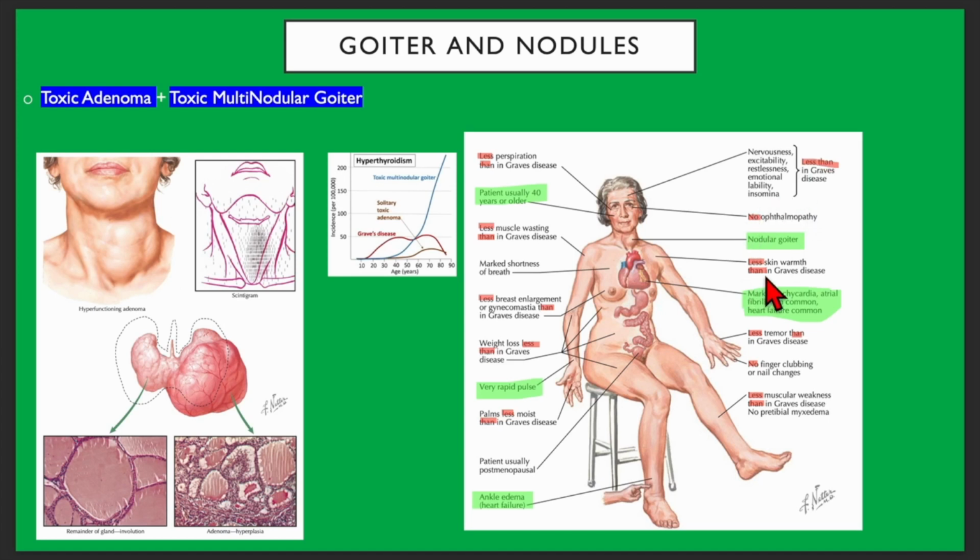Less than Graves, no ophthalmopathy, less than Graves, no finger problems. Everything is less than Graves. So basically this is an old woman with long-standing hyperthyroidism that became toxic, and she came because of the heart problems.